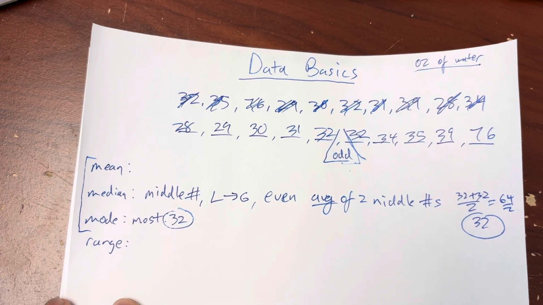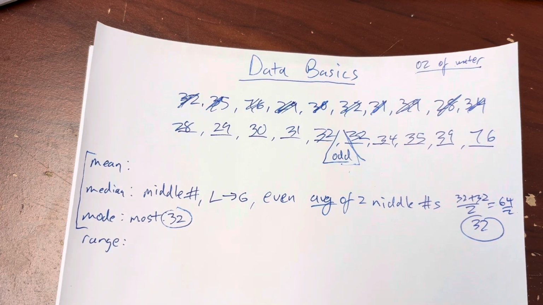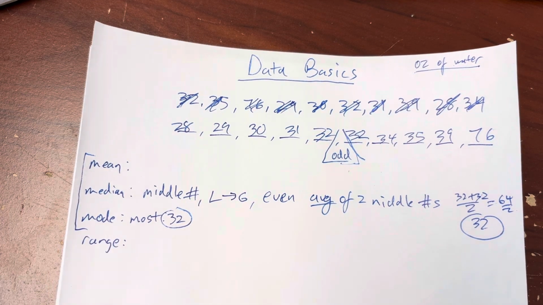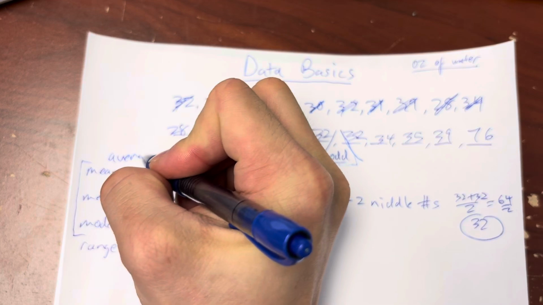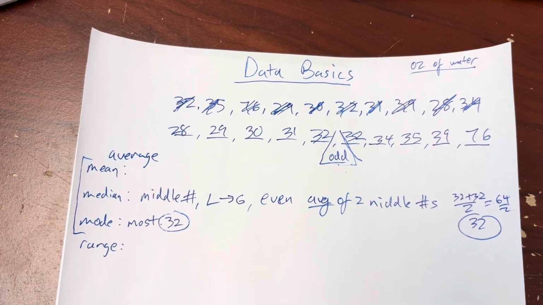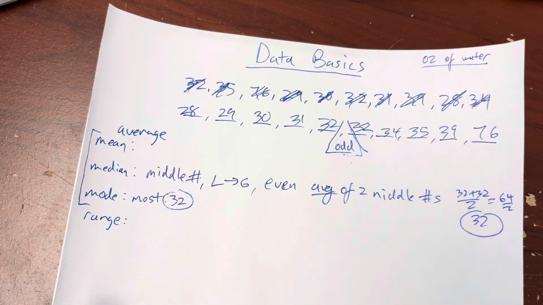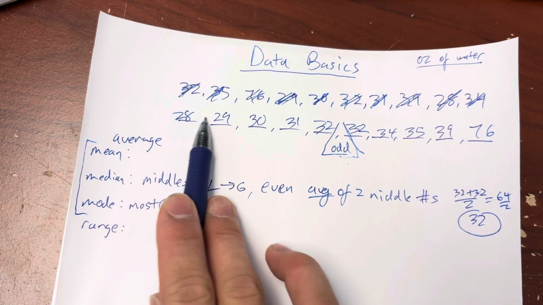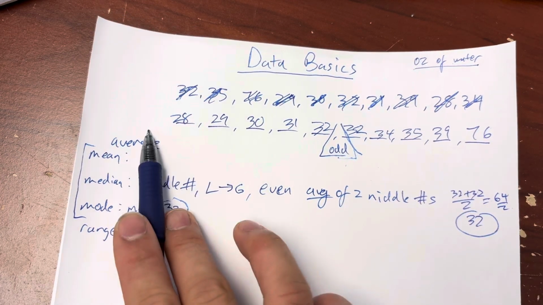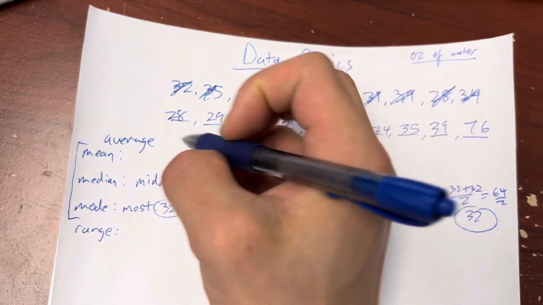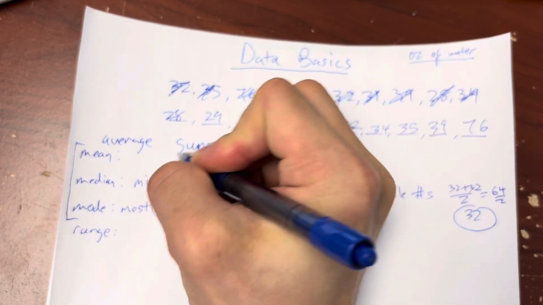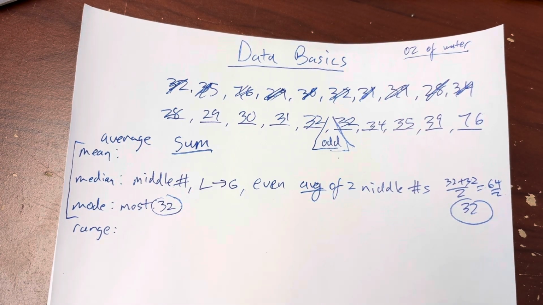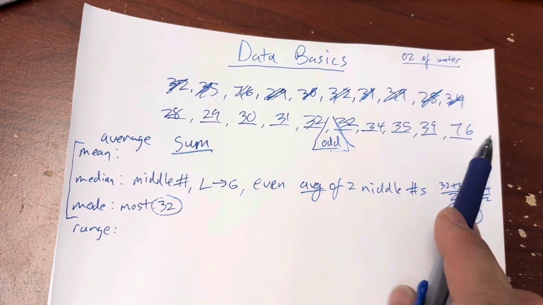The last thing is the mean. The mean refers to the average of all these numbers. The average is calculated by adding up all these numbers, which is also known as the sum, and then dividing it by however many items you have.